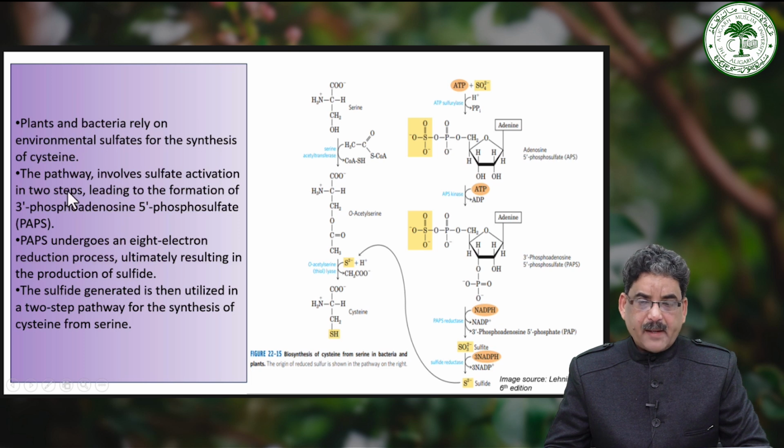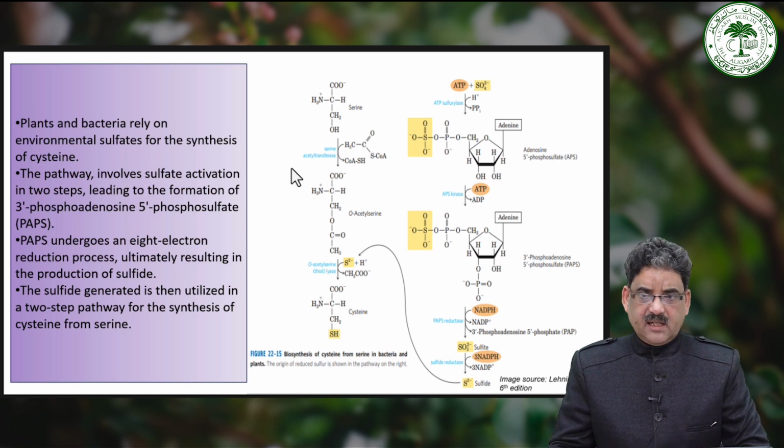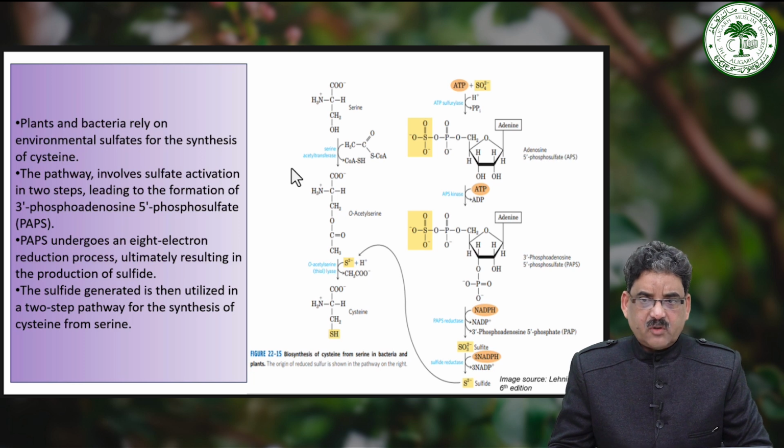In plants and bacteria, the synthesis of cysteine, like methionine as discussed later, involves the production of reduced sulfur from environmental sulfates. The pathway depicted in the figure initiates with the activation of sulfate in a two-step process, ultimately yielding 3-phosphoadenosine 5-phosphosulfate.